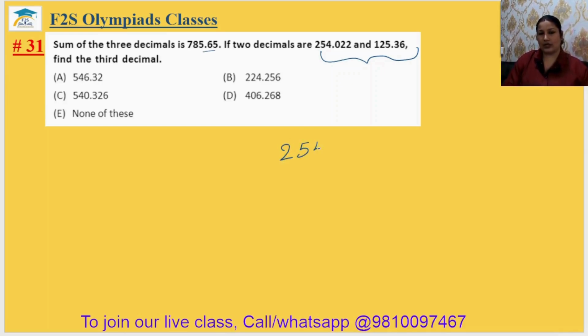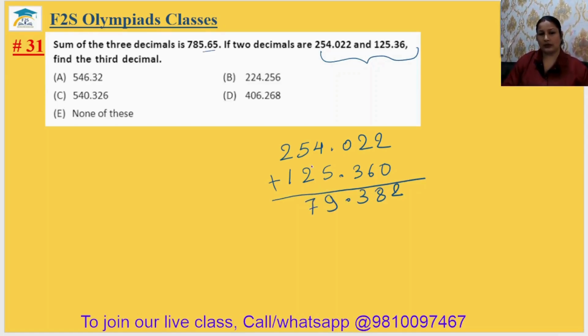The answer we are searching for. 022.125.360. It will be your 379.382. Okay, and sum is given 785.65. Subtract the rest from here. 382.